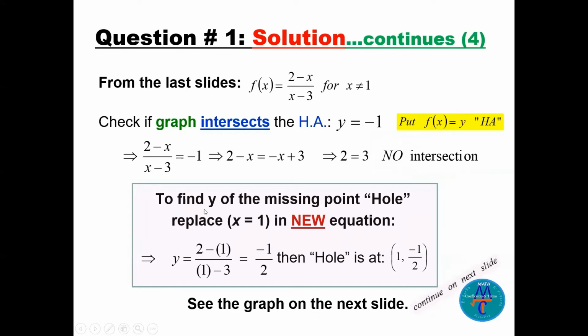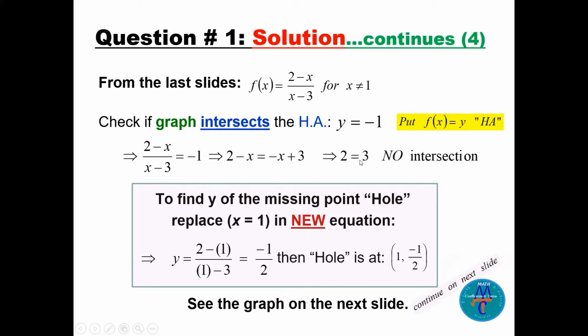This is what I call the last question you have to ask: does the graph cut the horizontal asymptote? So what do you do? You put the simplified function, (2 minus x) over (x minus 3), equal to the horizontal asymptote that we have found, which is minus 1. Cross multiply. You find x.